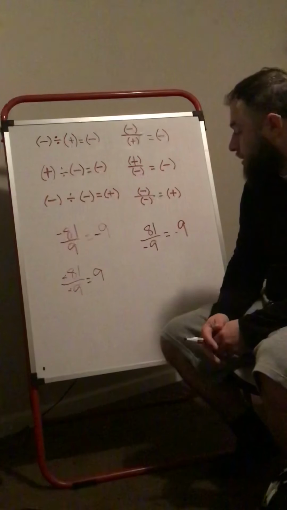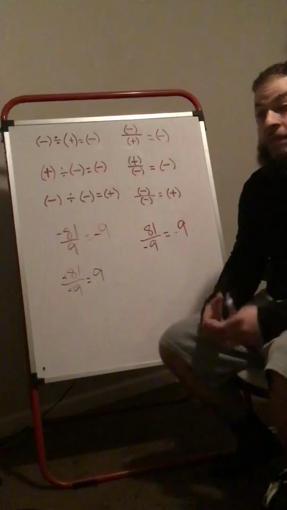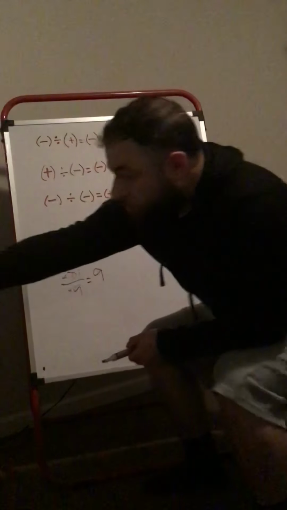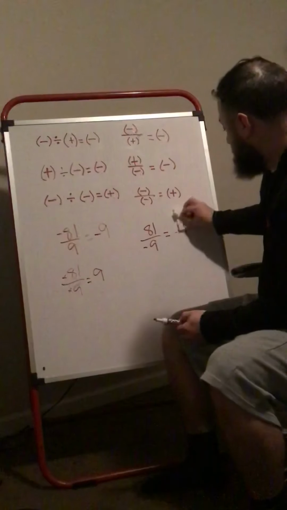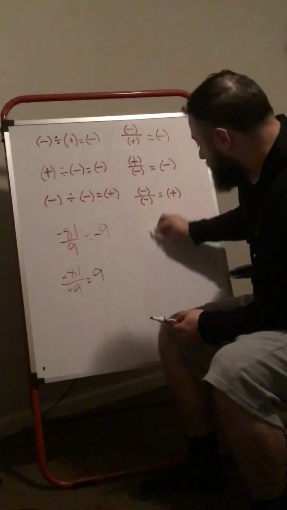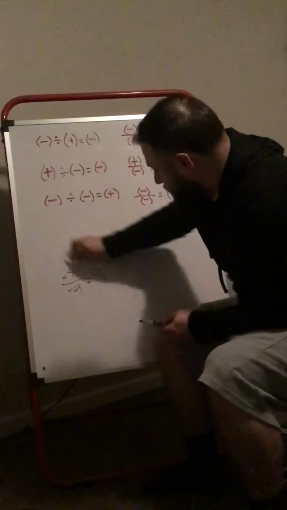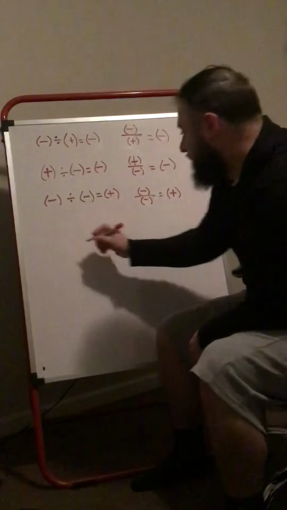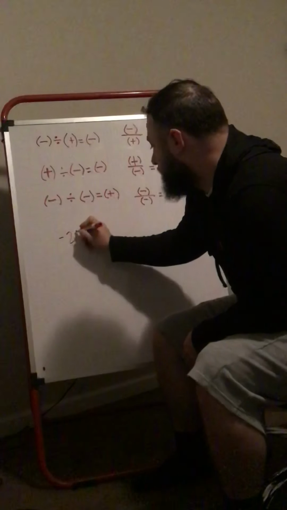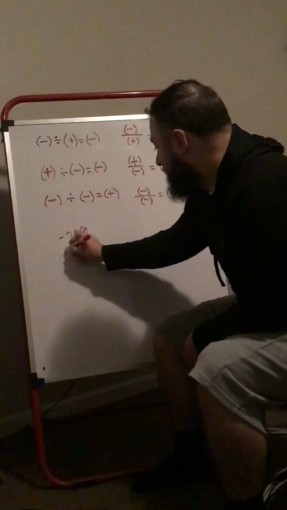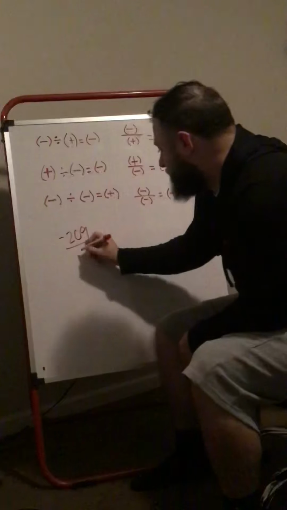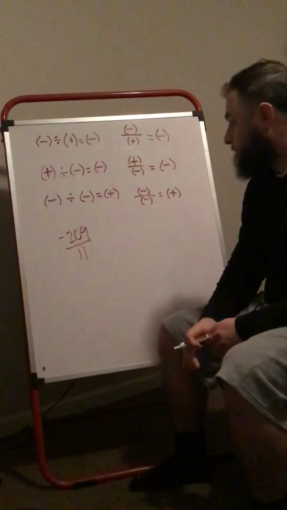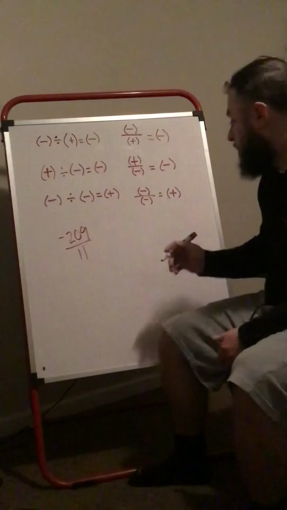This even applies if you're doing some long division. So if you have a bigger number, let's say we have negative 209, and we're going to divide that by 11. So we've got a negative divided by a positive. Now we have to put this in long division form.